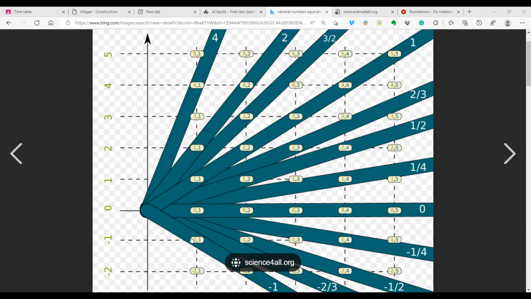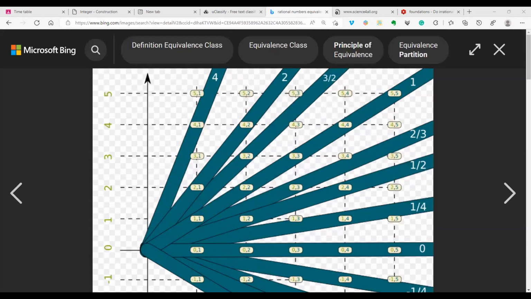Beautiful. So there are the rational numbers. Now we can go back to our old screen.